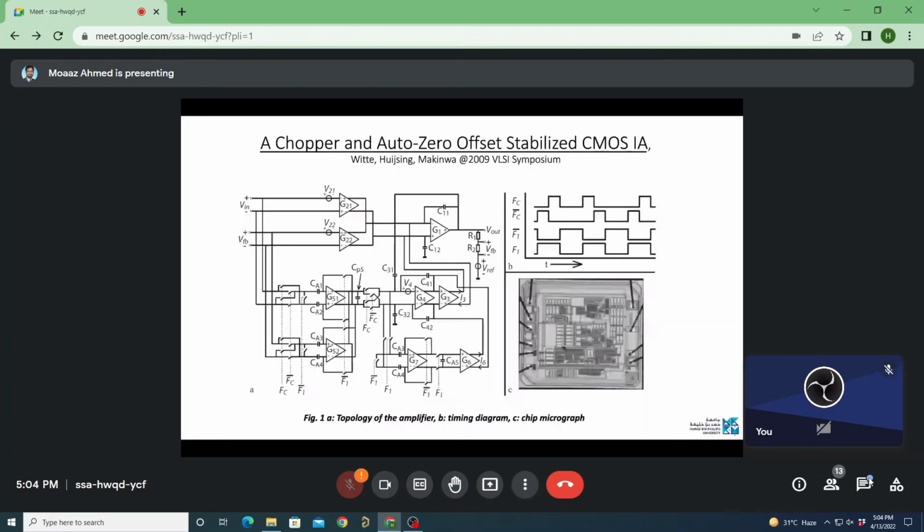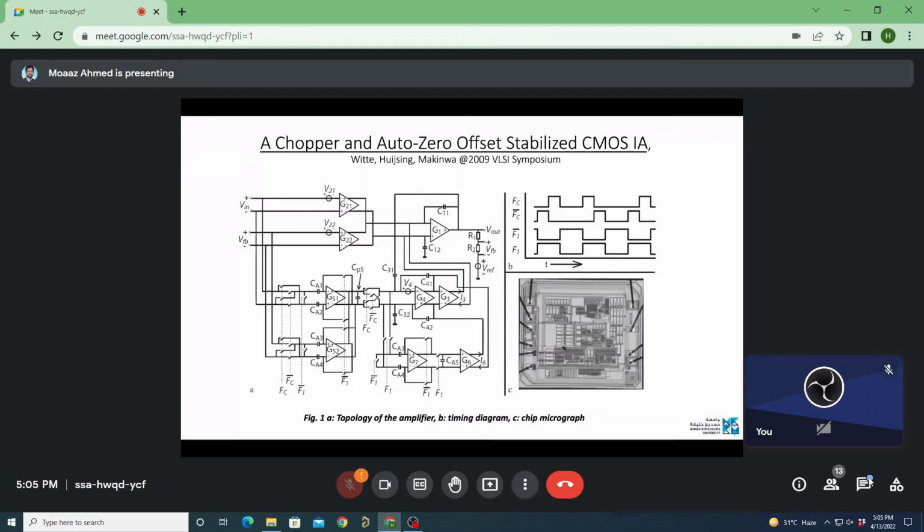But by combining the two paths, we get the best of both worlds. Our output will be offset free, flicker noise free, and simple amplification of the input without any non-idealities.